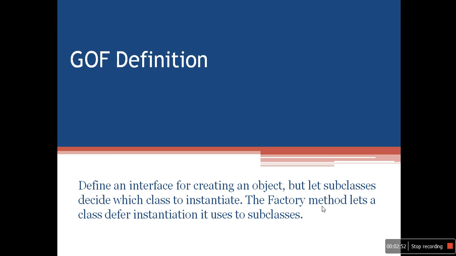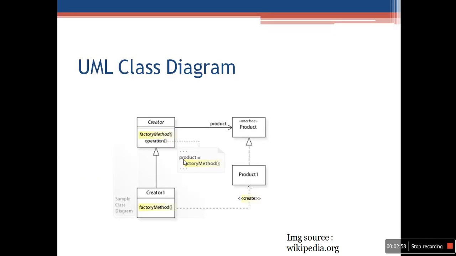The factory method lets a class defer instantiation it uses to subclasses. Now we can have multiple creators, and each and every creator can have their own logic to create a product. The product is also multiple, right? Product 1, product 2, and product 3. This might not be clear right now. Let's understand this with the help of an example.